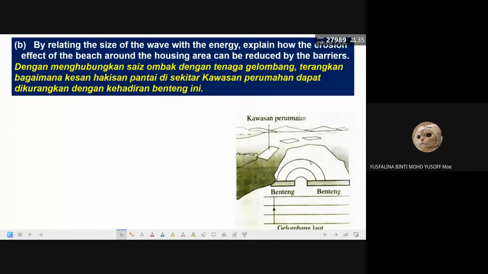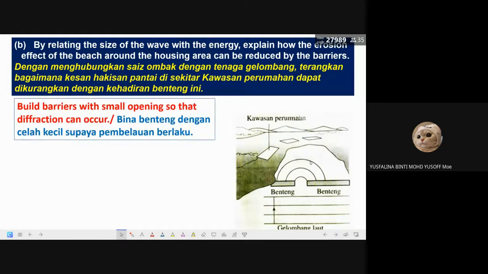And by relating the size of the wave with energy, explain how the erosion effect on the beach around the housing area can be reduced by the barriers. So you build the barriers with a small opening. We already know the size of the slit plays the main important role in the diffraction.